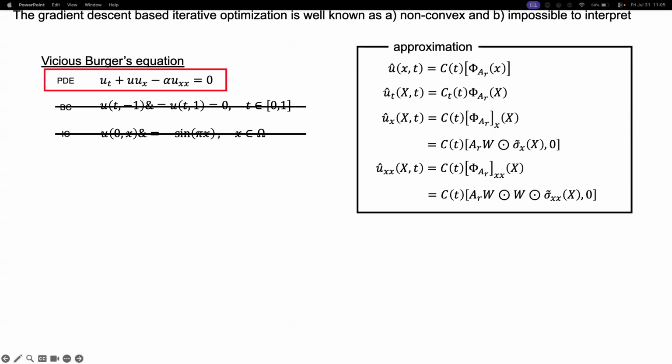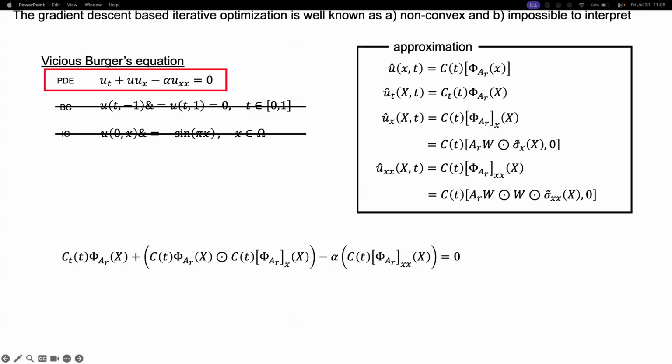The only term we are going to solve is the PDE, which looks like this when we plug all the equations of the approximation into the original Burgers' equation. Plugging this approximation into the original system, it will look like the one below.